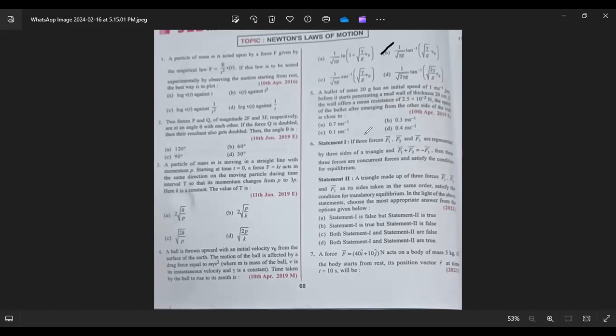And if the bullet is emerging from the other side, then close to what? You will find the velocity. How to solve question number 5?